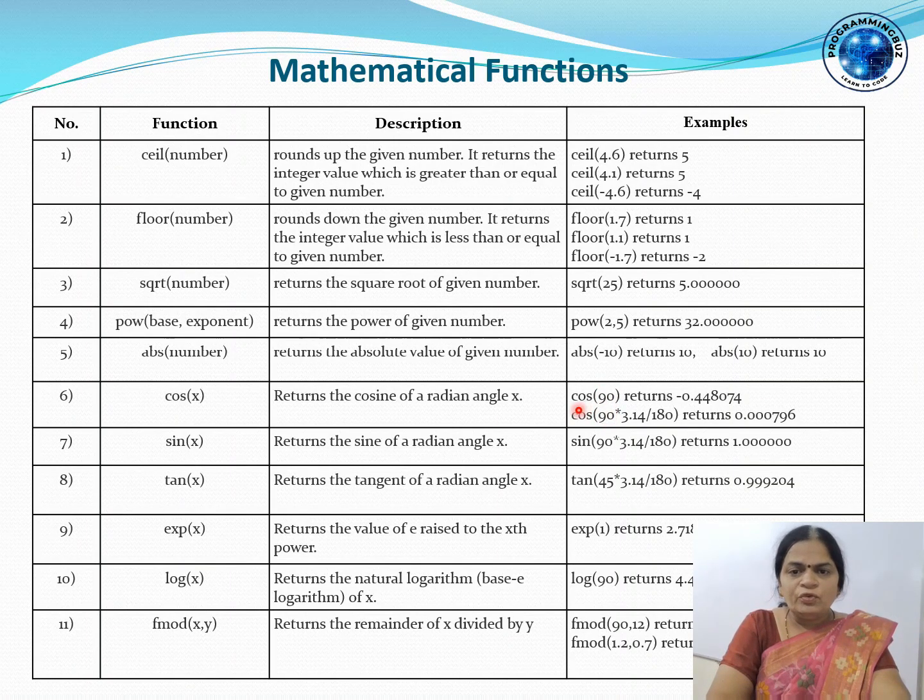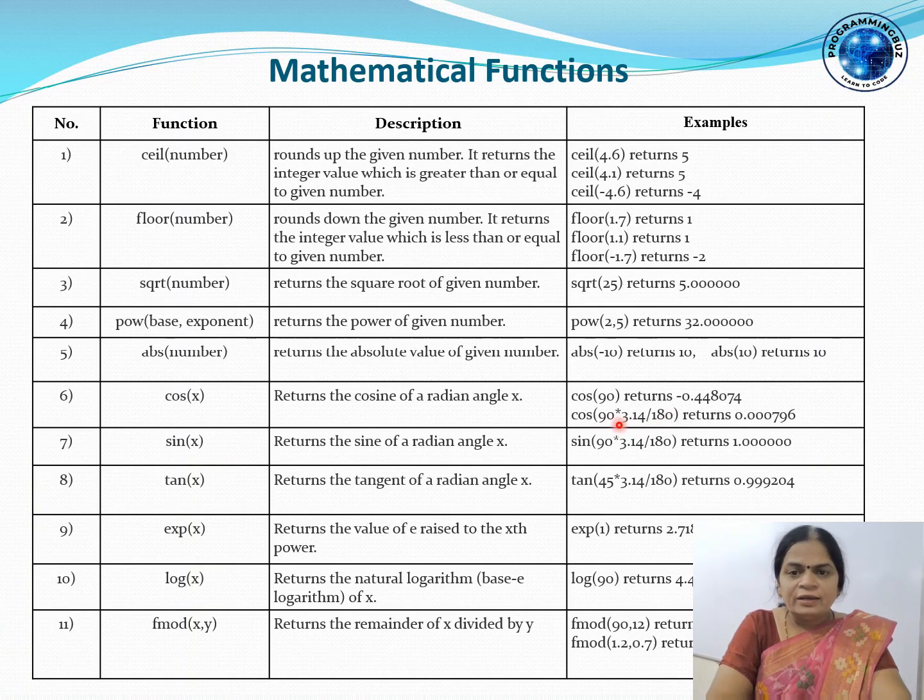That means if you write cos of 90, it will return cos of 90 radians, which is equal to minus 0.44, and not cos of 90 degrees. So if you want to calculate the cos of degrees, then you have to convert degrees into radians.